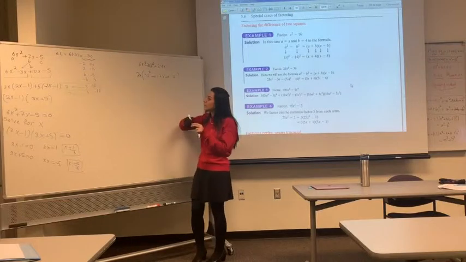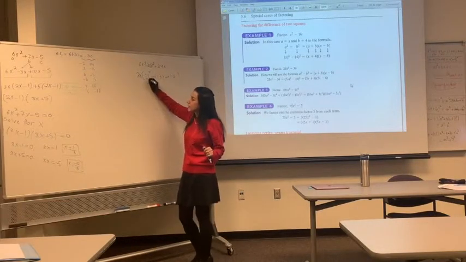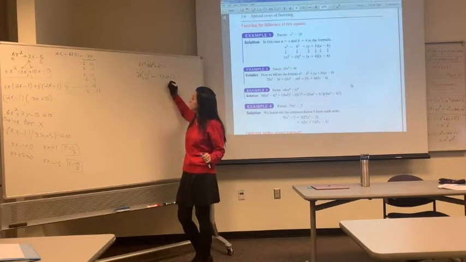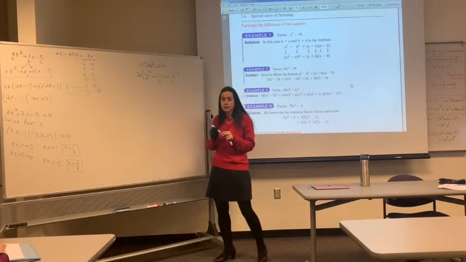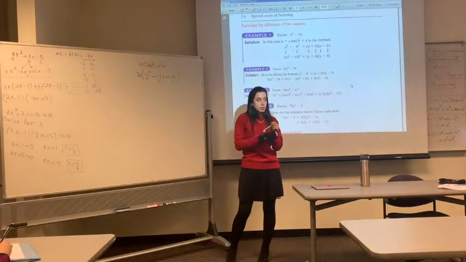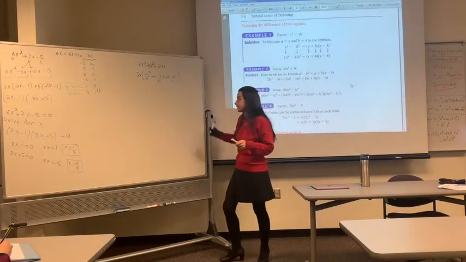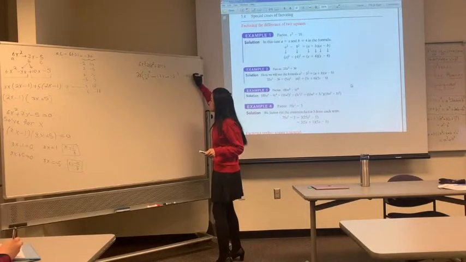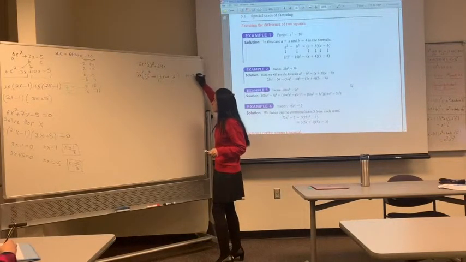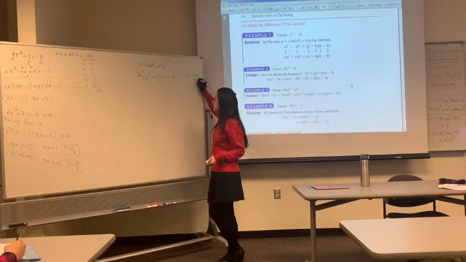We have this form, which is ax squared plus bx plus c, right? So now we should multiply a and c. 3 multiplied by 12 is 36, right?